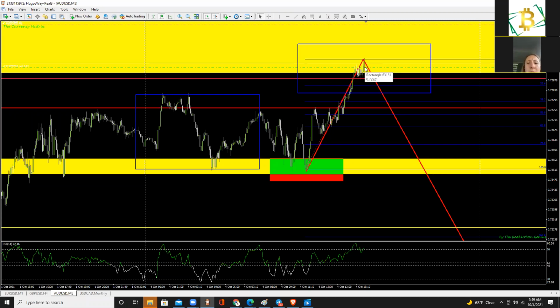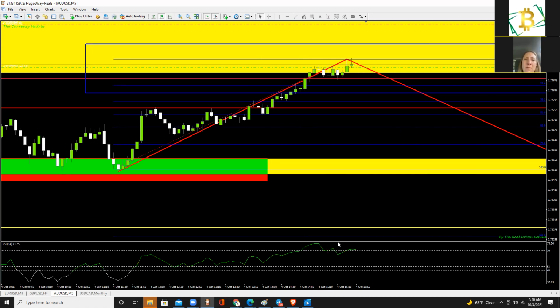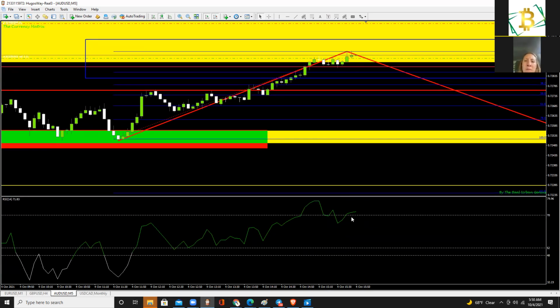Typically, if they don't move and they're still consolidated, they're gonna continue to push higher. But we'll be able to determine that within the next 15, 20 minutes. And based on this particular 5-minute candle that I'm looking at right now, these next 15 minutes here on the Aussie USD should start to crumble based on the RSI as well, which we're looking at here.